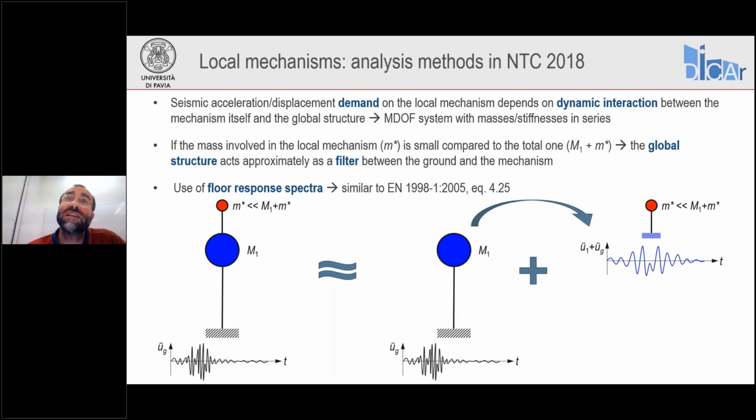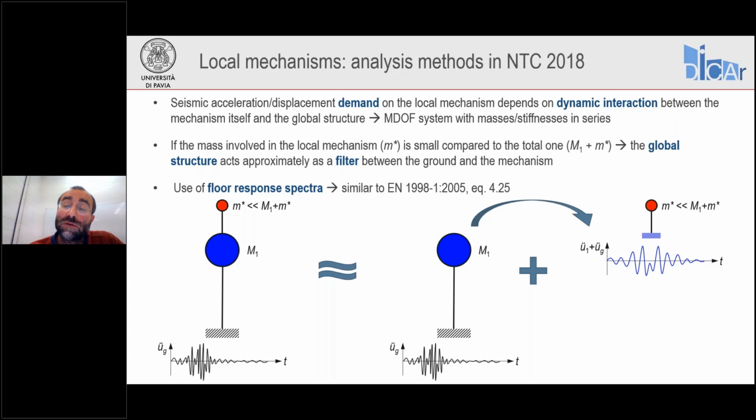So basically we treat the overall building as a filter between the ground and the local mechanism. We can do this again if the mass involved in the local mechanism is quite smaller compared to the overall mass of the structure, especially the first mode mass, because usually we refer to the first mode.